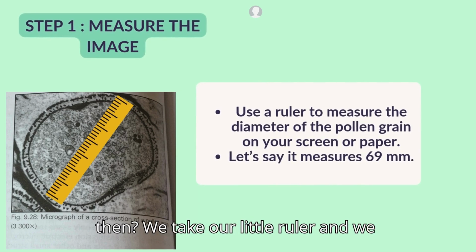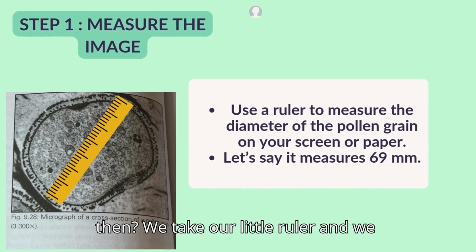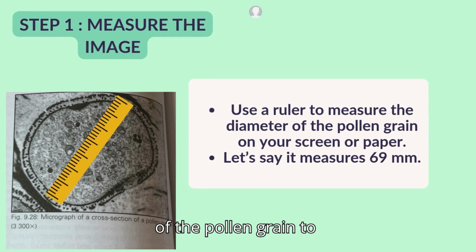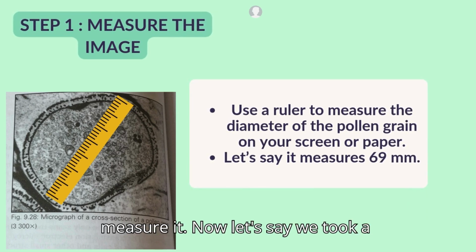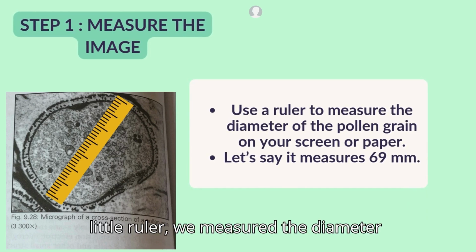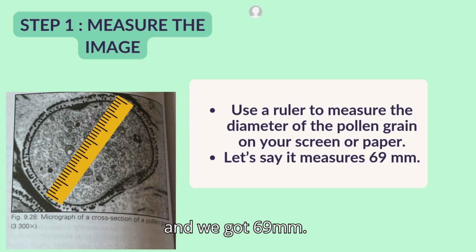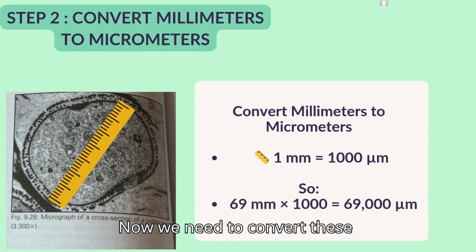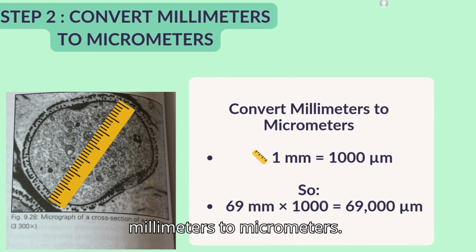So what do we do then? We take our little ruler and put it across the diameter of the pollen grain to measure it. Let's say we measured the diameter and we got 69 millimeters. Now we need to convert these millimeters to micrometers.